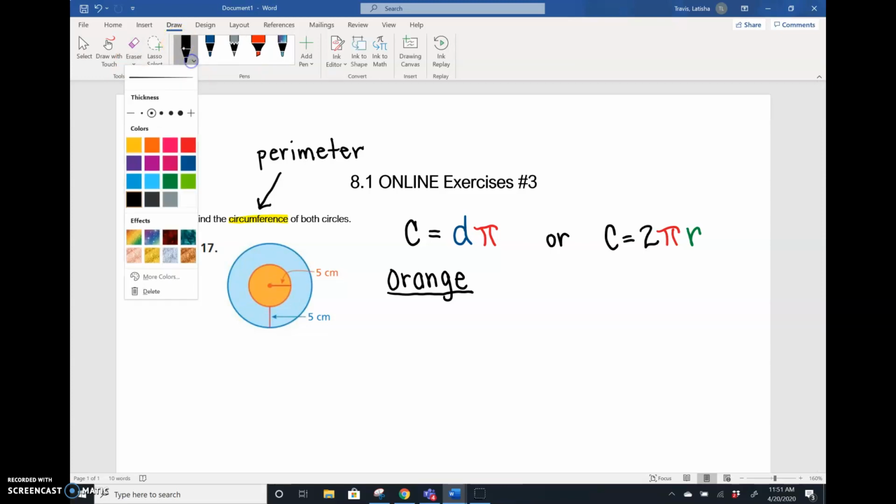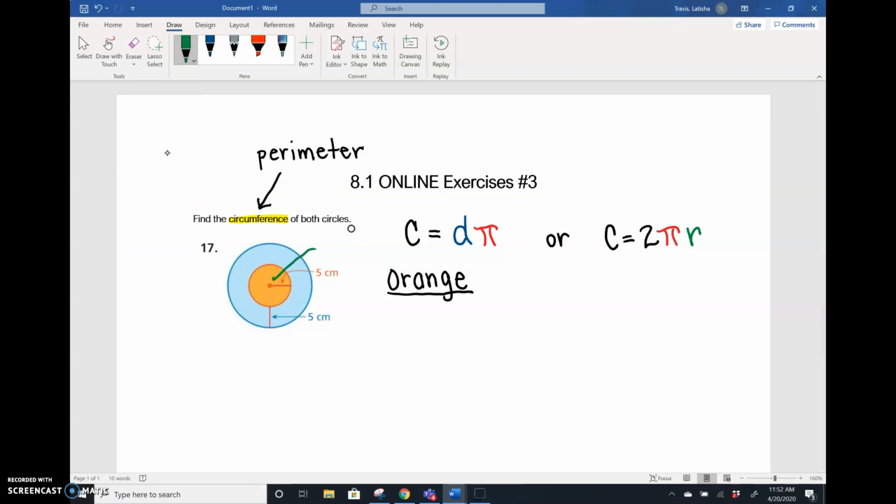Because they're giving us the radius, and I'll label it R, I'm going to use the second formula that I listed, the formula that involves the radius. So I'm going to erase the formula that involves the diameter because I don't need that. I'm just going to use the one that involves the radius.